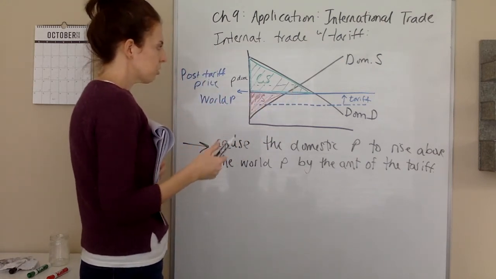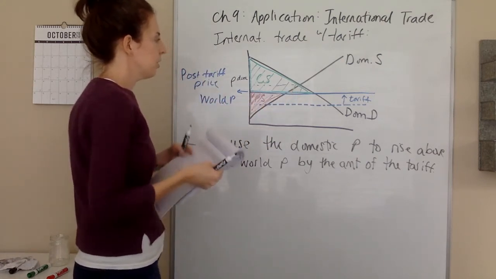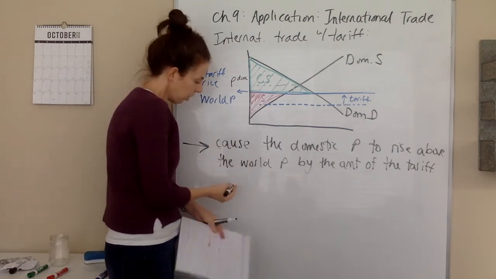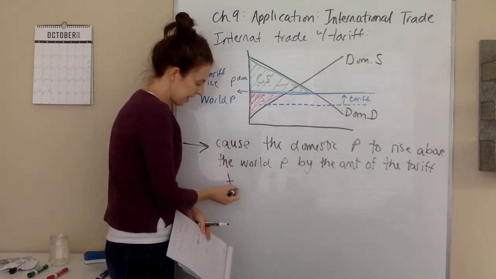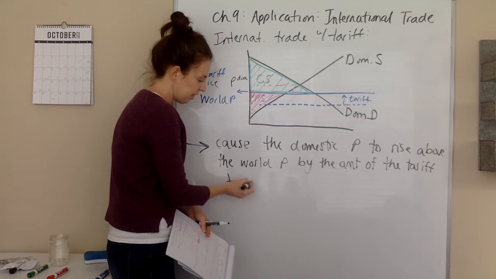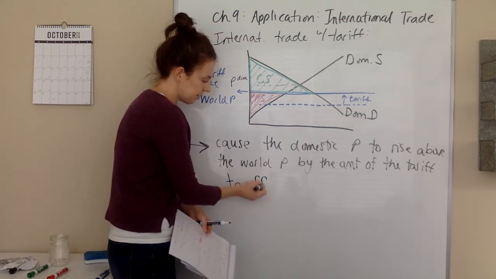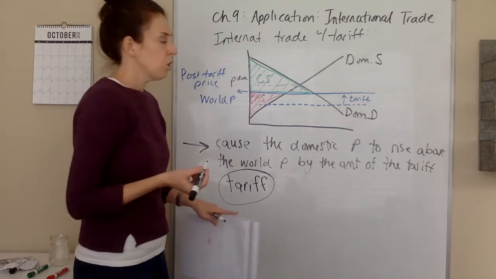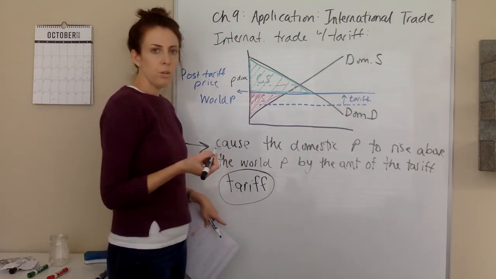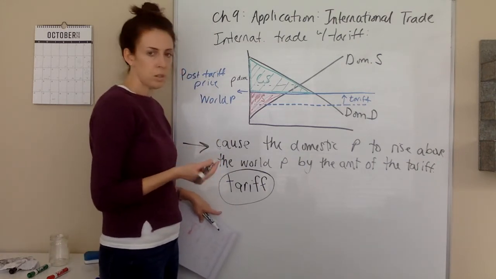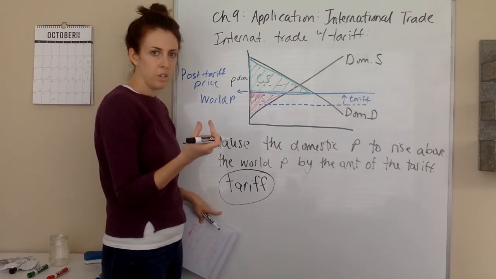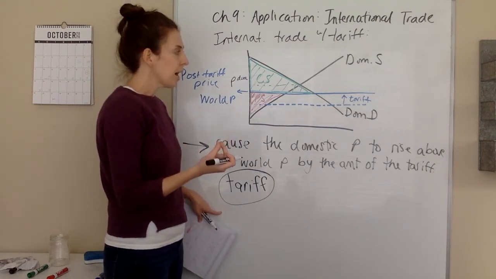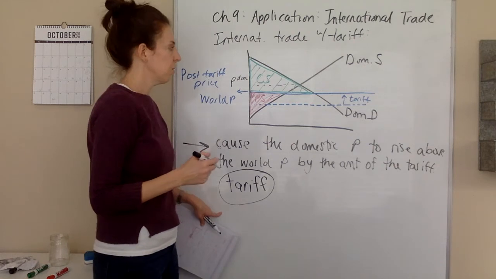Okay, but there's one extra relevant area in here. Recall when we were talking about taxes that somebody gets the money from the tariff or the tax. So the government tax revenue, or tariff revenue in this case, is always equal to the number of units that are exchanged times the amount of the tax or the amount of the tariff.